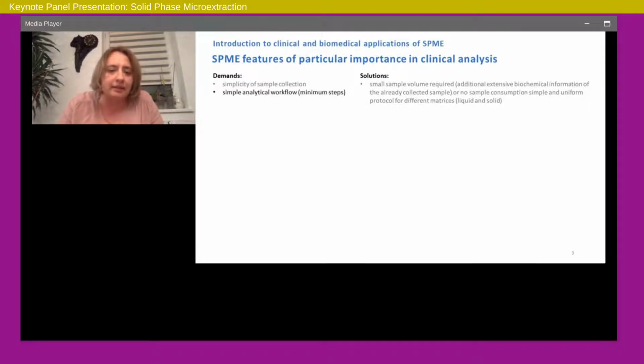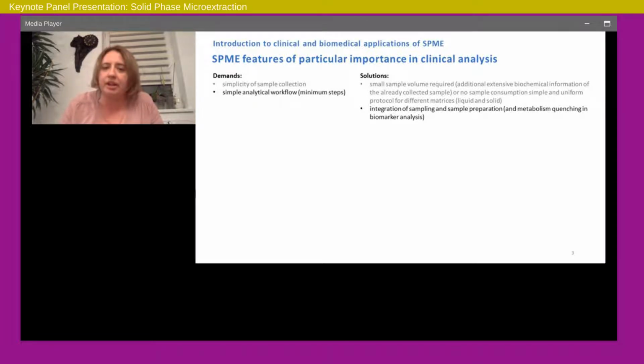The second demand is a simple analytical workflow. If we really want to have SPME or any other technology in a clinical lab, it cannot be a very complex workflow. We want to have the fewest steps possible. And in fact, SPME is very simple. Of course it requires optimization.